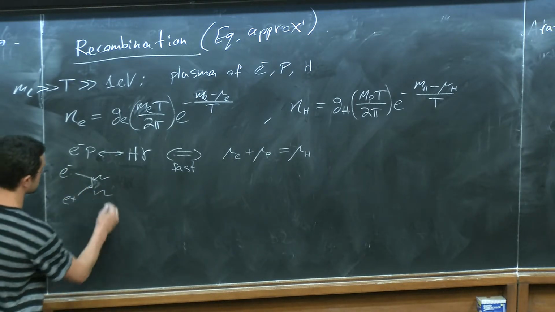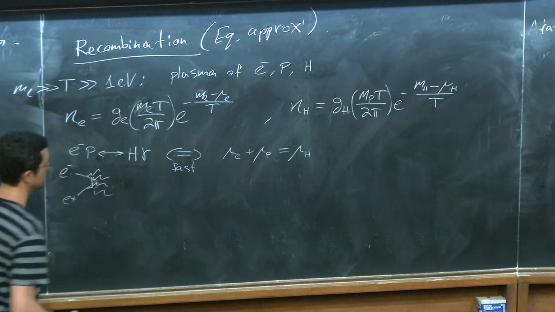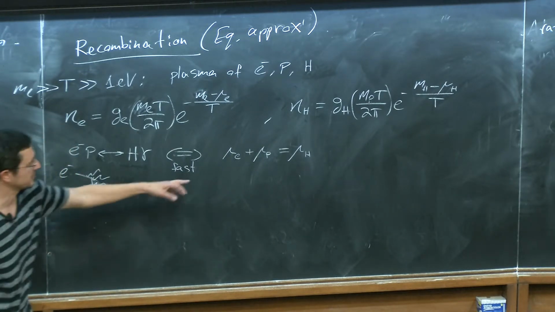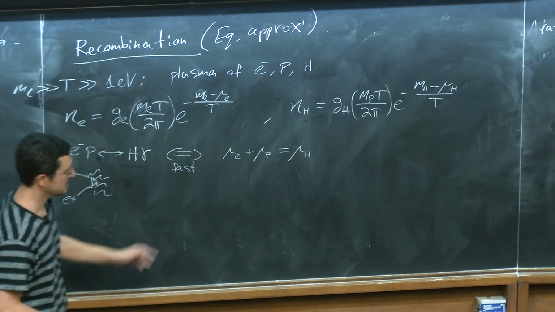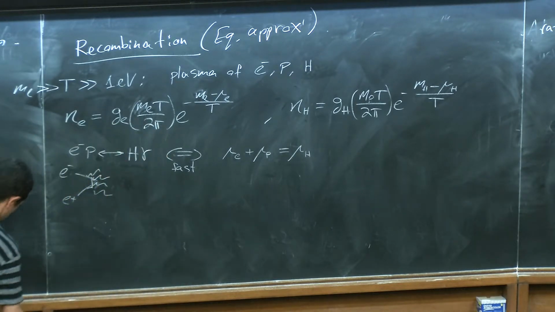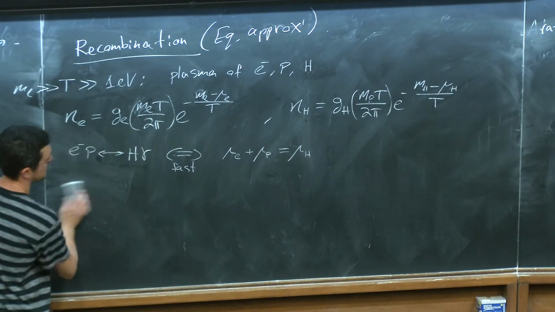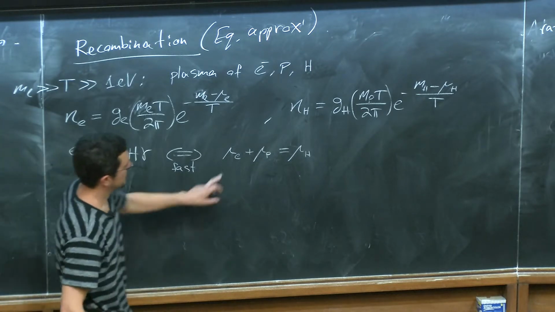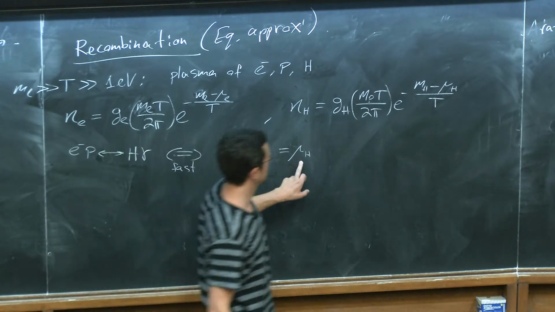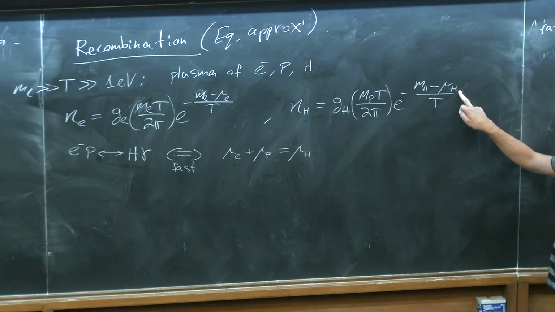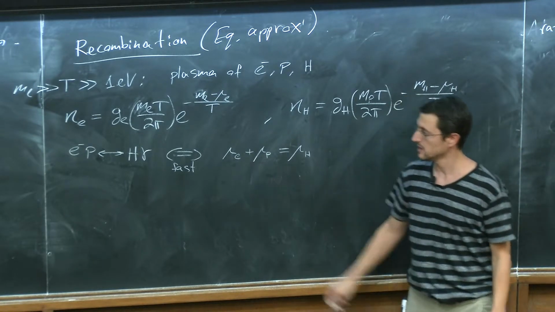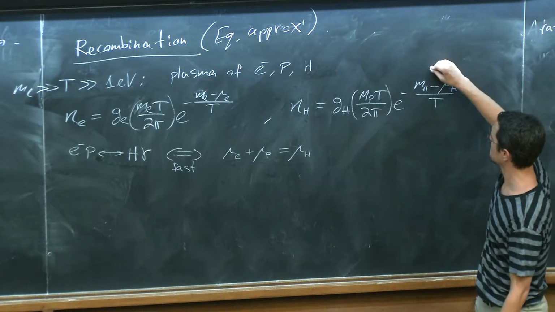So photon number is not conserved, as well as reactions like this that change the number of photons, so photons have no chemical potential. Okay, so I have this equality. Because of this equality, I can replace this mu_H by the sum of chemical potentials of e and p. Okay, so it's that simple.